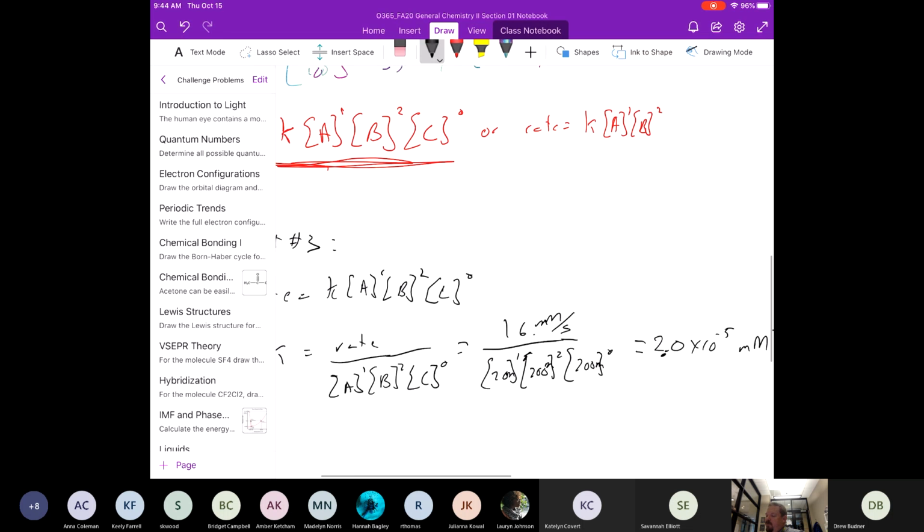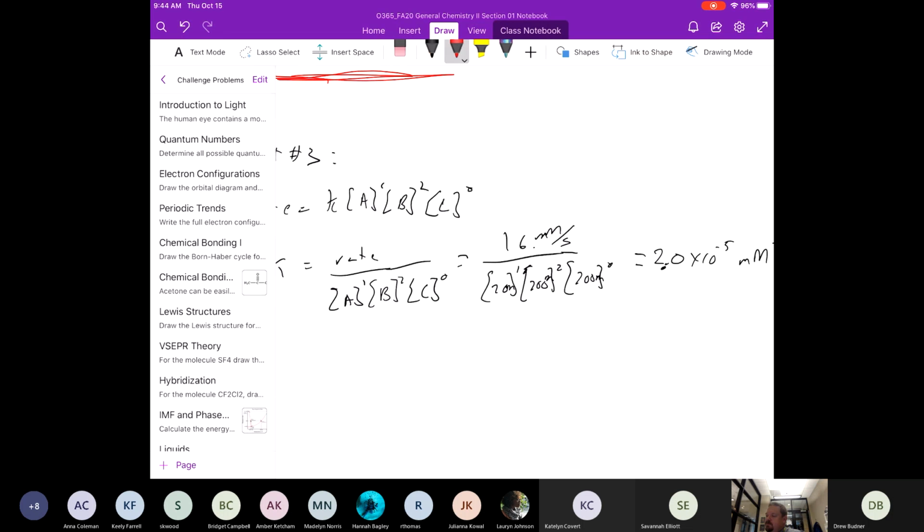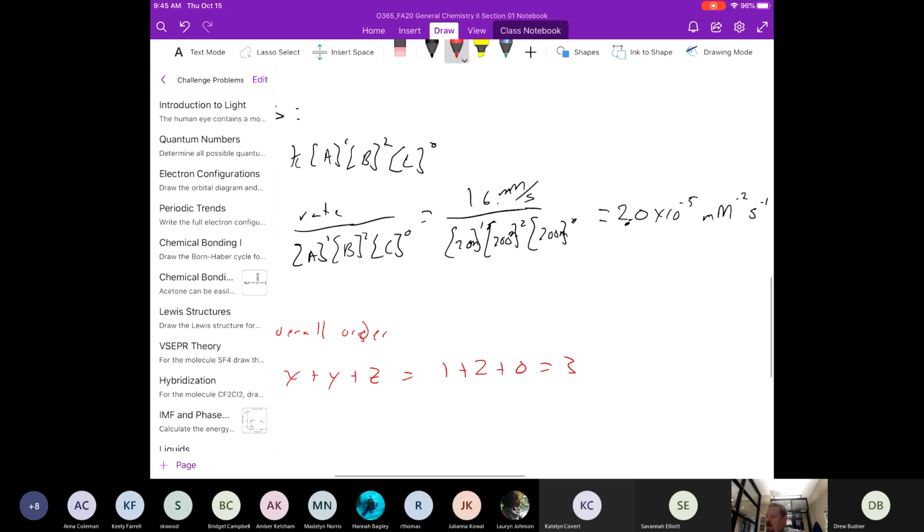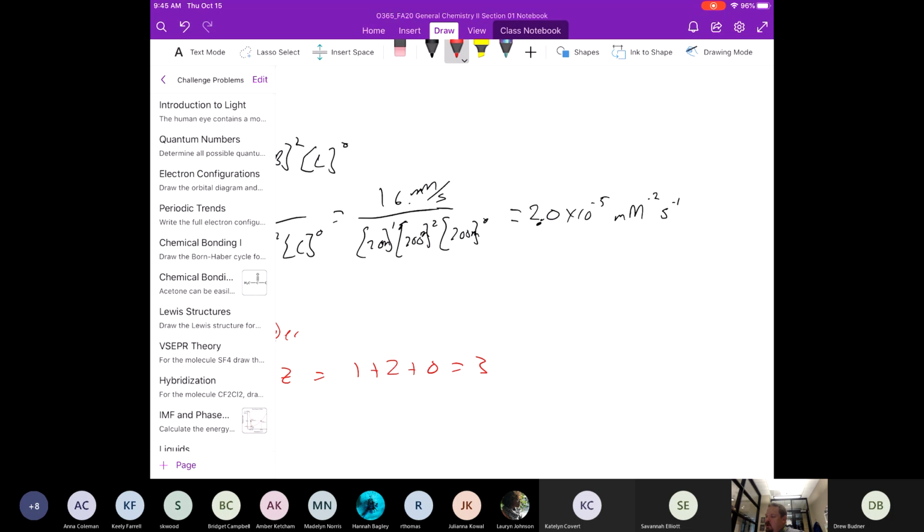If we look at the overall order, in this case it is going to be x plus y plus z, which is equal to 1 plus 2 plus 0, or 3. And these two should be related.